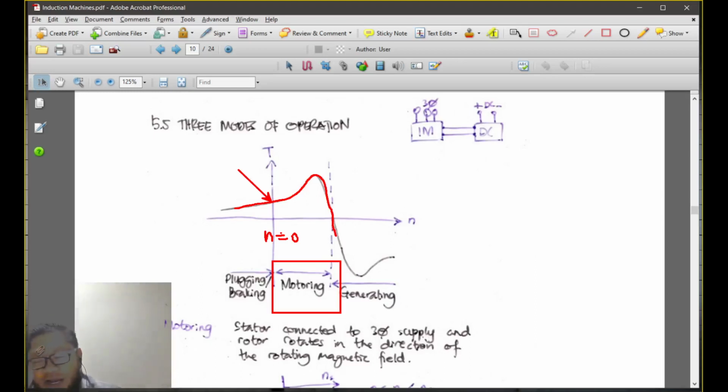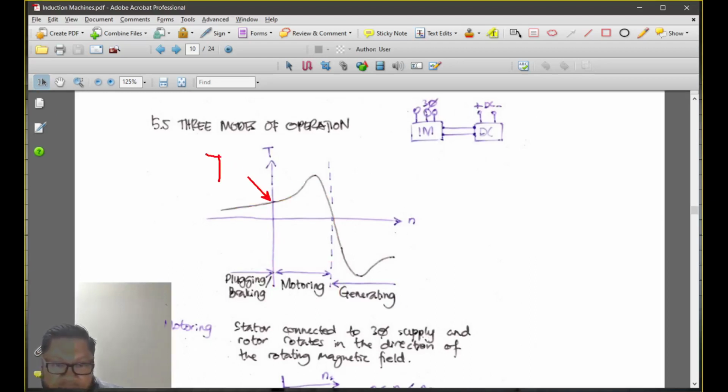For a DC drive, when n equals 0, that is referred to as the holding state. But for induction machines, the torque produced at that point is known as the starting torque, T start. Why? Because n equals 0 at that point.